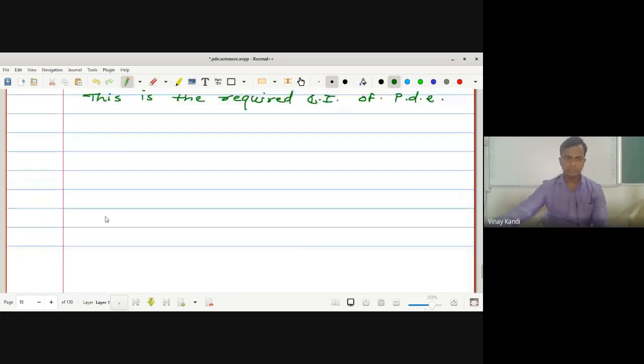Okay, now second one, x into ux plus y into uy is equal to uz square.